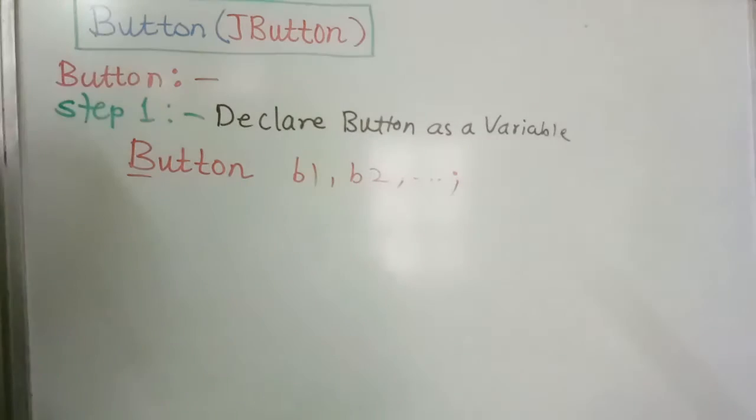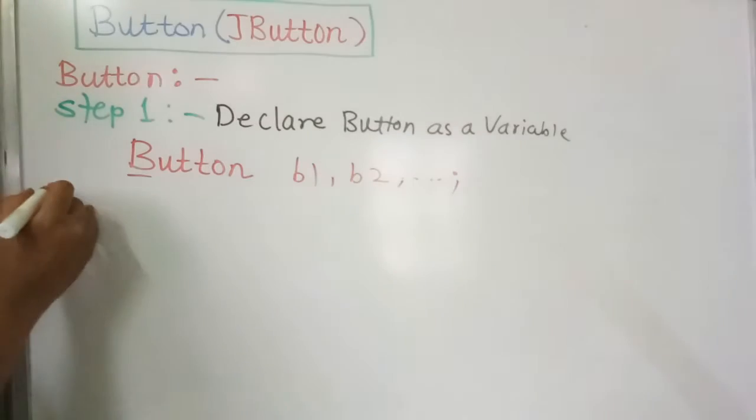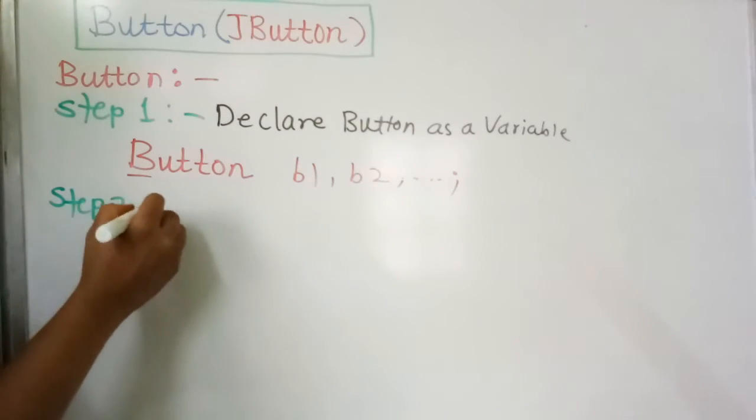As we have completed the task of declaring the button, we have to create the constructor to initialize that button. What does this step mean?